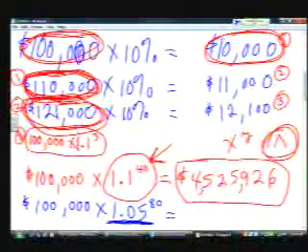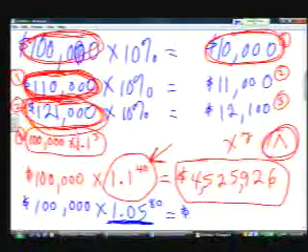Now you would think it wouldn't make much difference at all to compound twice a year as opposed to once a year. But go ahead and do that on your calculator. Take 1.05 raised to the 80th power, and you get 49 point something.